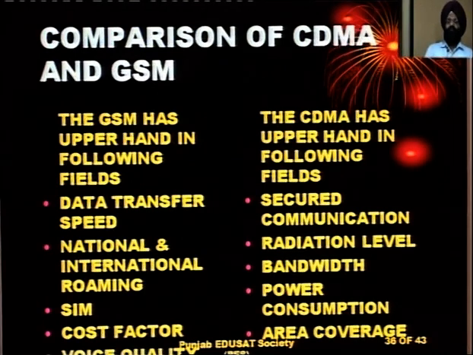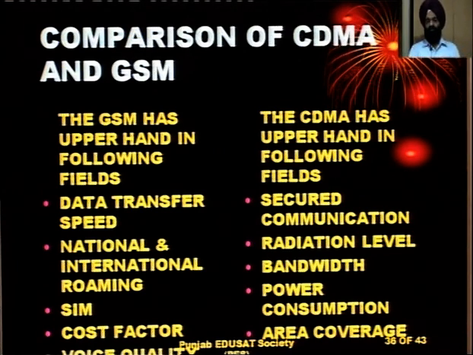If we compare both CDMA and GSM, then we see that GSM has the upper hand in the following fields: data transfer speed is higher, national and international roaming is good, it has a subscriber identity module, it is of low cost, and voice quality is good. And CDMA has the upper hand in the following fields.